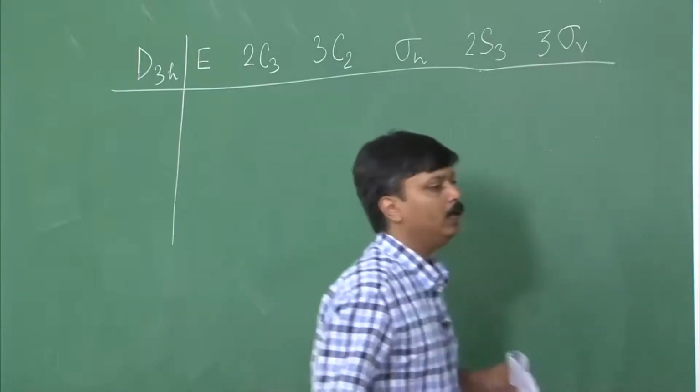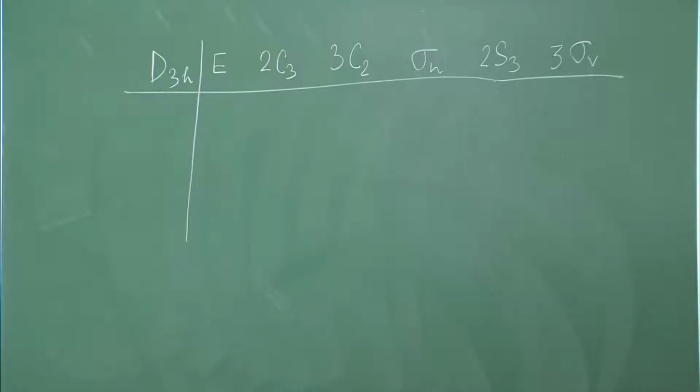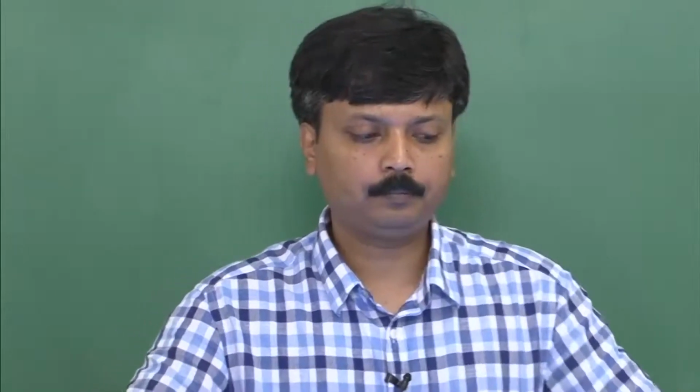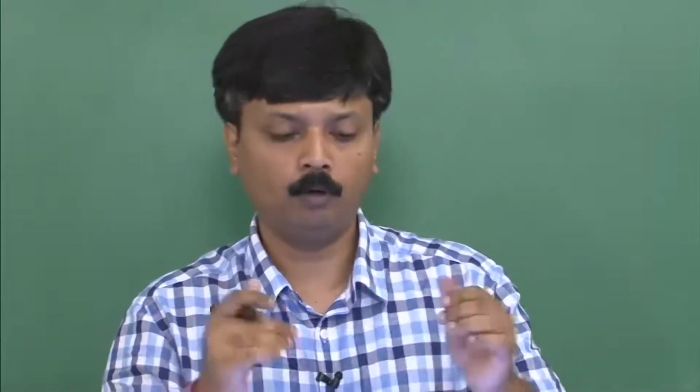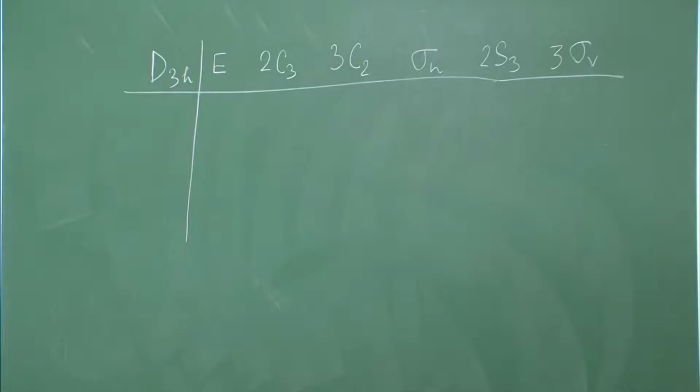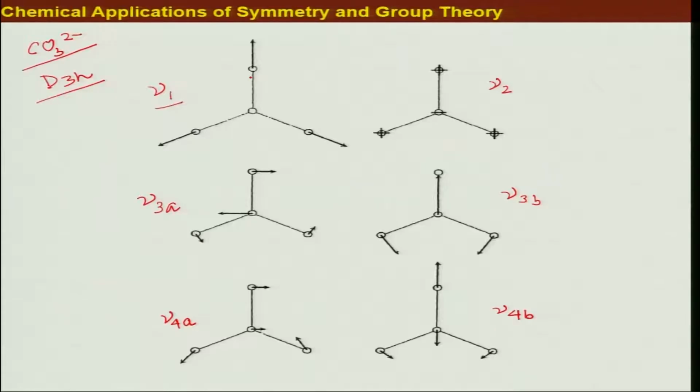All right. So now what we have to do is deal with the transformation of all these vectors that are representing the motion of these atoms within a normal mode of vibration, how they behave, right? So if you apply identity on this particular structure, everything will remain unchanged, correct?